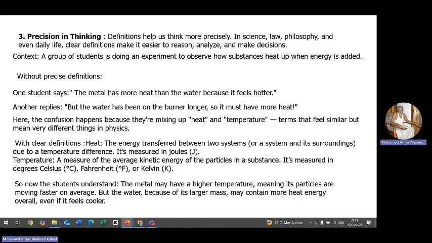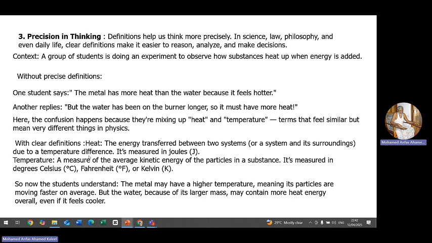Without understanding the definitions of heat and temperature, students have different opinions and interpretations. The confusion happens because they mix up heat and temperature, terms that feel similar but mean very different things in physics.